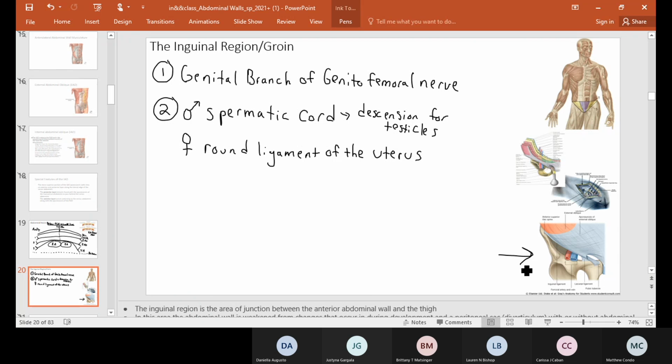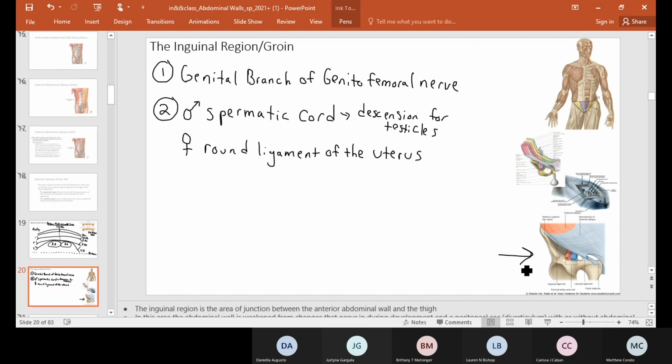We're going to draw that in here in a second. Underneath this canal, my femoral artery, my femoral vein, my femoral nerve are going to pass through down to my lower extremity.